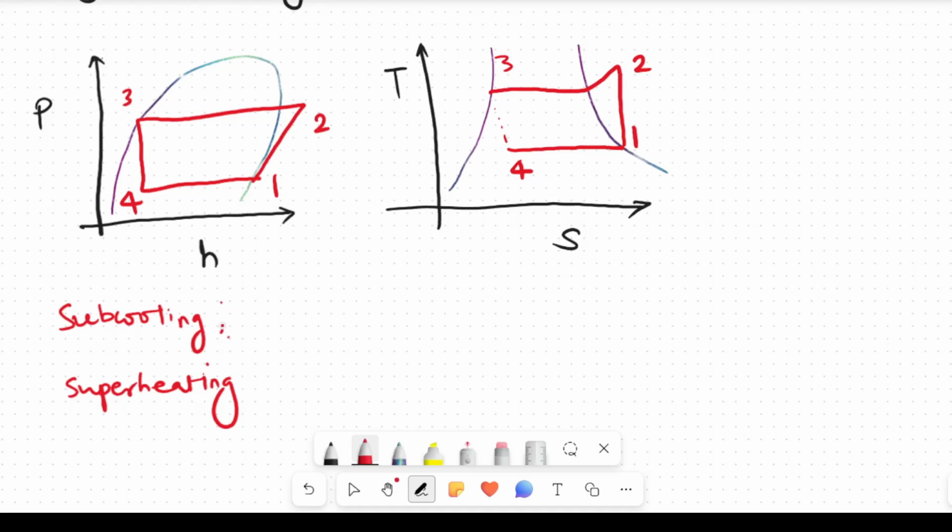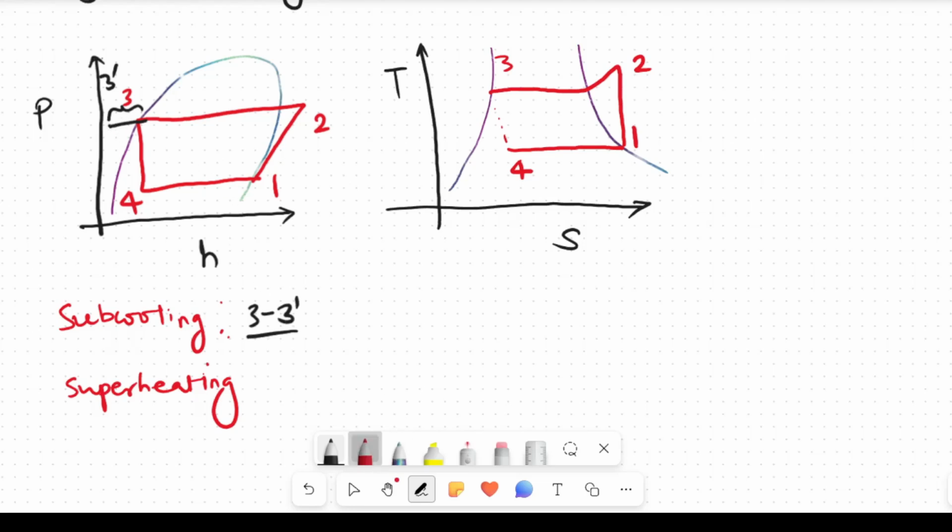Now, what are we doing in case of subcooling? We are cooling the refrigerant after the process of condensation. So something will happen after 3, up to 3 dash. So 3 to 3 dash is called the subcooling process.